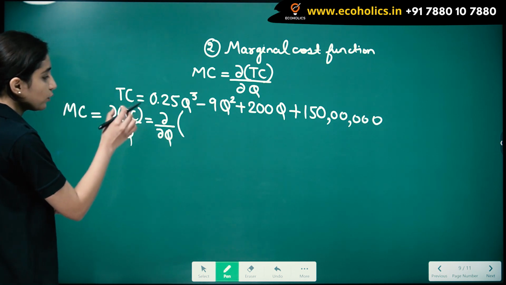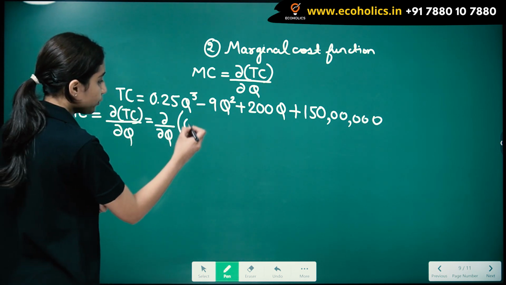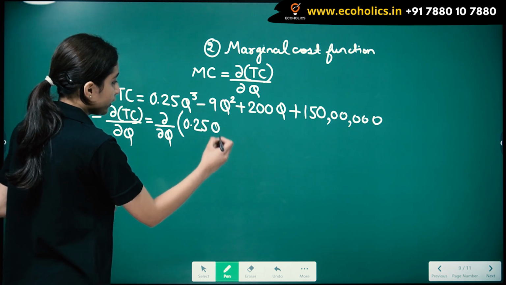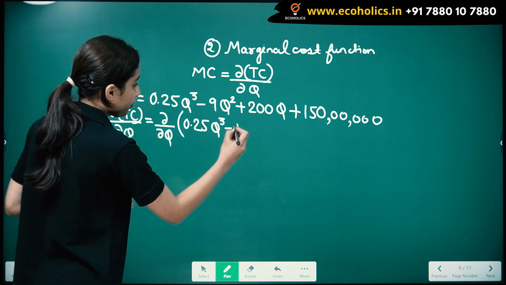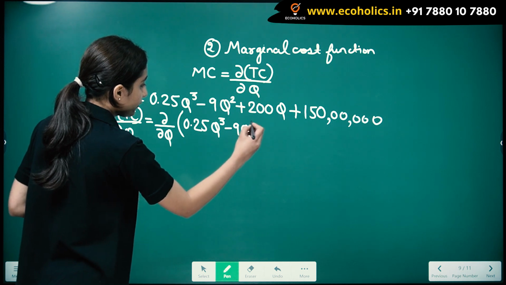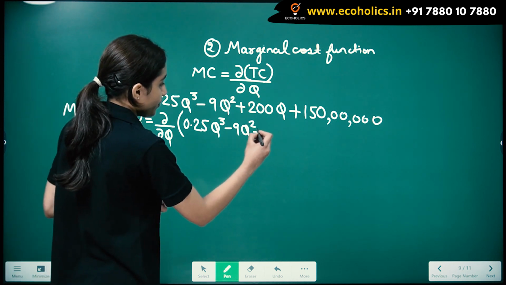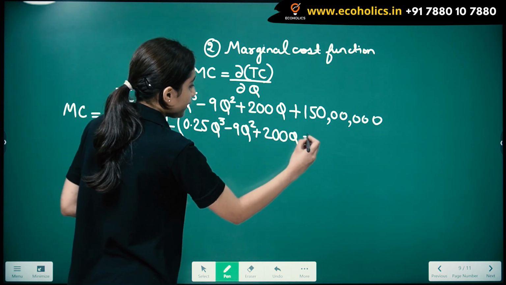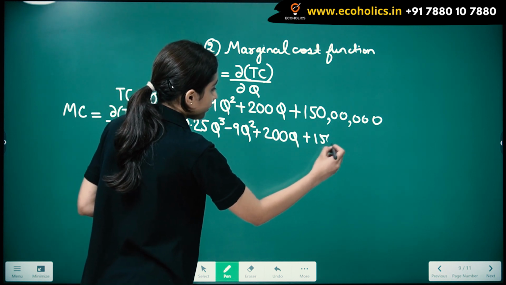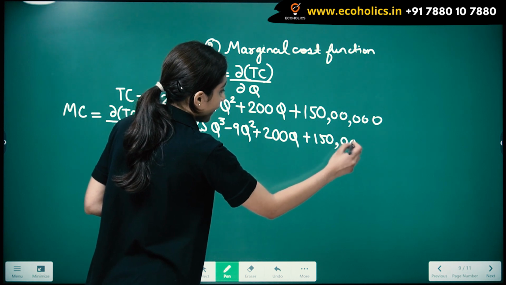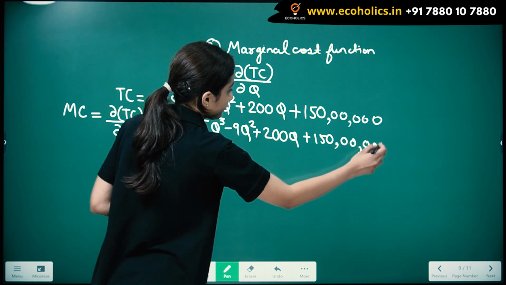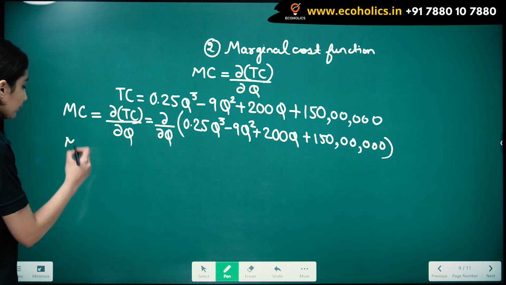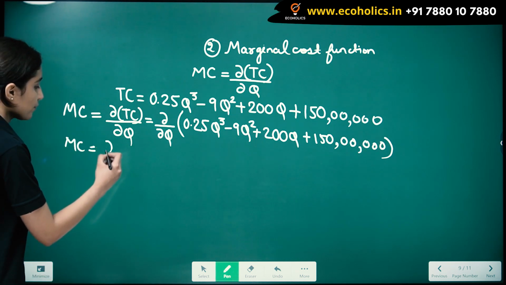So differentiating total cost with respect to Q, that is 0.25 Q cube minus 9Q square plus 200Q plus 150 lakhs.